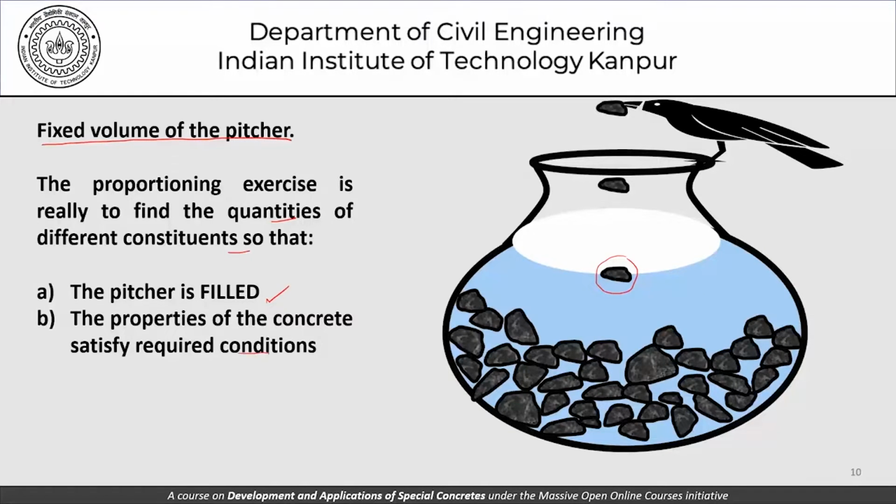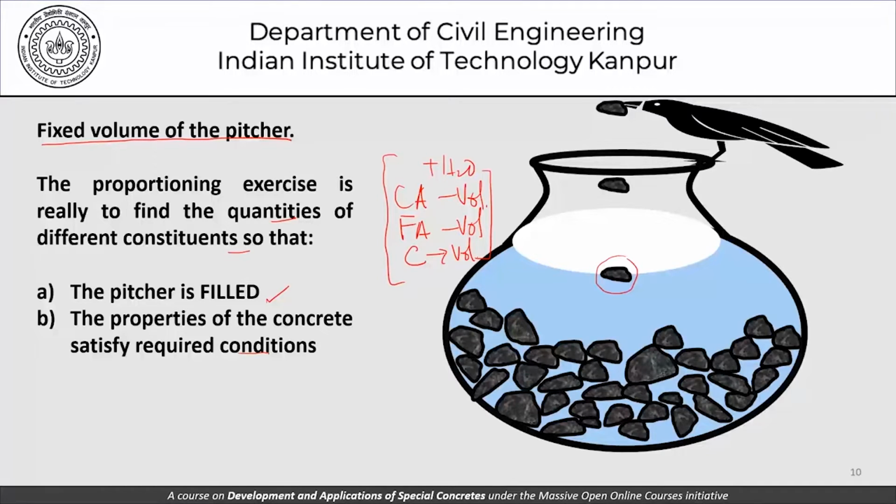No matter what we drop into this pitcher, whether it is the coarse aggregate or the fine aggregate or even the cement, that has a certain volume. This has a certain volume. This has a certain volume. So all these volumes plus the volume of water should add to the total volume of this pitcher.